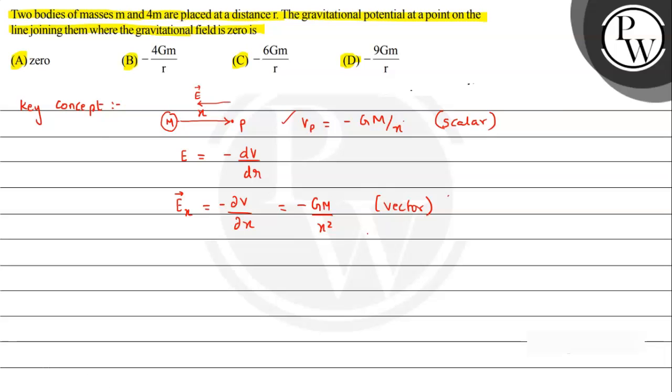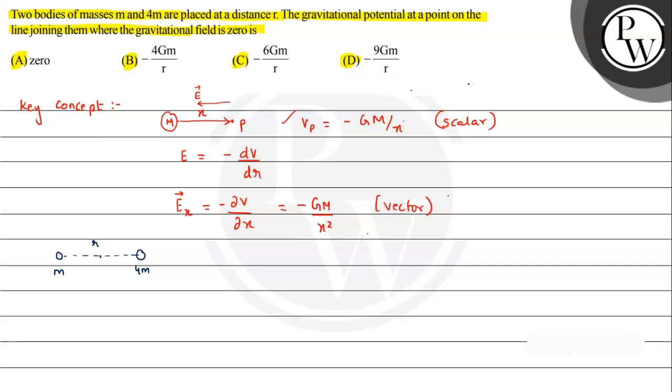So using these results we will try to analyze the given situation. We are given two masses, one of 4m and one of mass m, and the line joining the two masses has separation r.